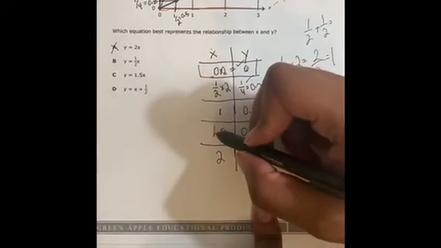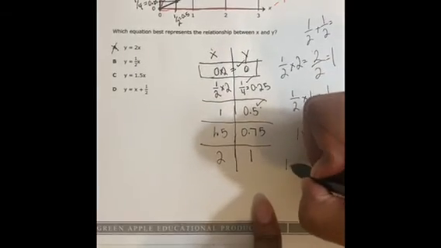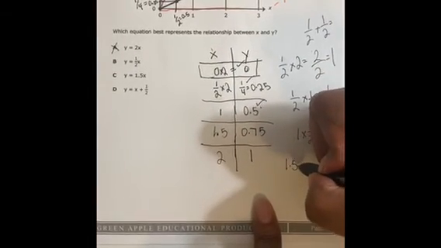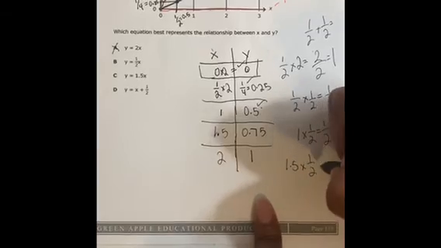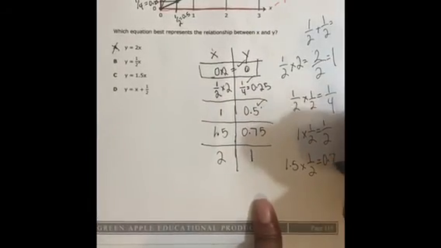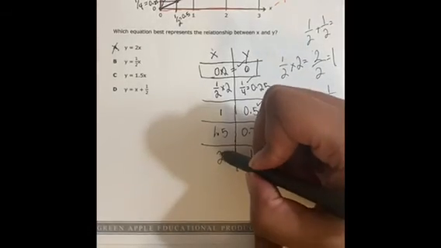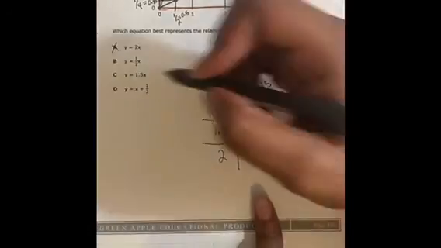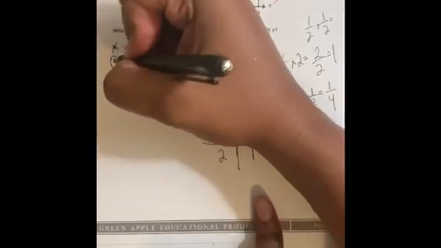So that's good. 1 and 1/2, or 1.5 times 1/2, if you did the math, does give you 0.75. And 2 times 1/2 gives you 1. So my answer is B.